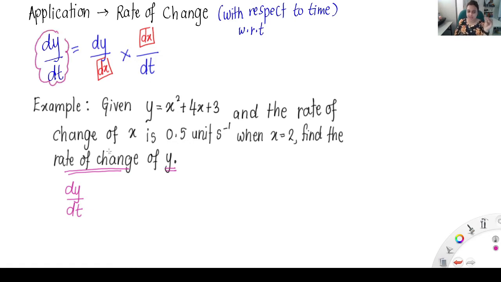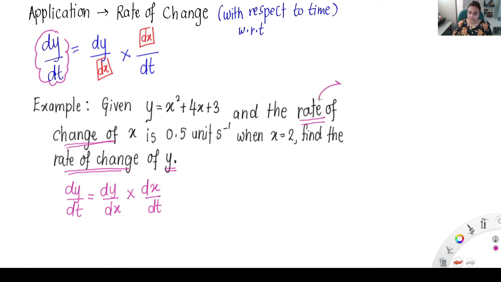Since we know the formula, you need to have dy/dx, and you also need to find dx/dt. Look carefully: rate of change of x. Whenever you see the words rate of change, remember it's always with respect to time.